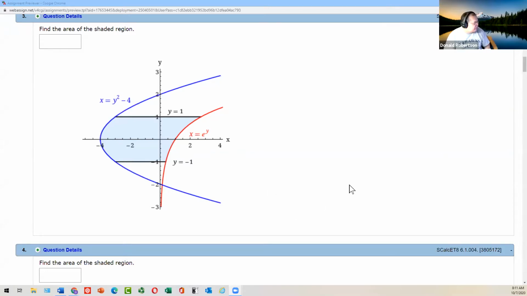Do I write e to the y or y squared minus 4? Which one do you write down first? E to the y. Are we all comfortable that's the guy to the right? And then you take away the y squared, take away 4, and the whole thing is dy. So I'm going to return now to our white screen where you can see all of that.